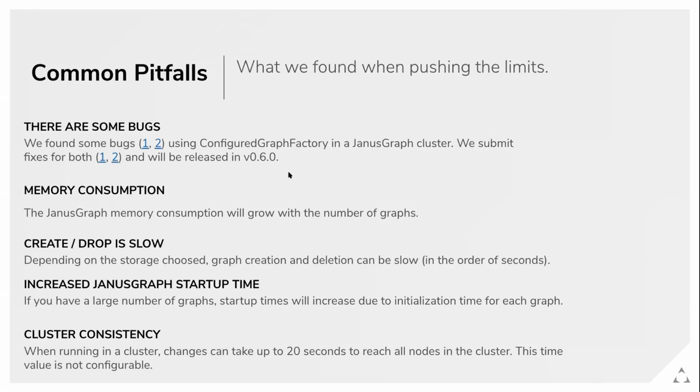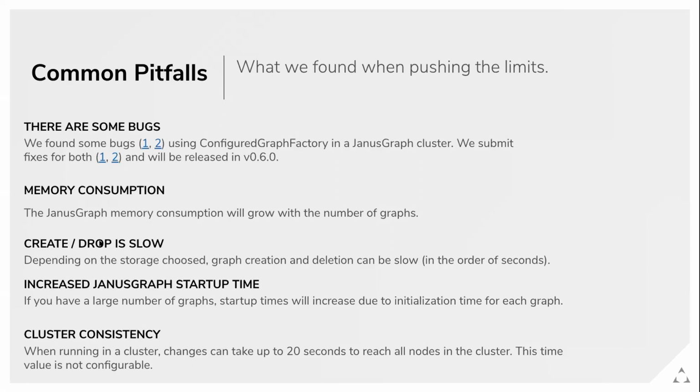The memory consumption can grow. I think this is because you basically have one JanusGraph per graph that you are creating. All the backend, all the storage layer, is independent for each graph, and the memory consumption can grow quickly.